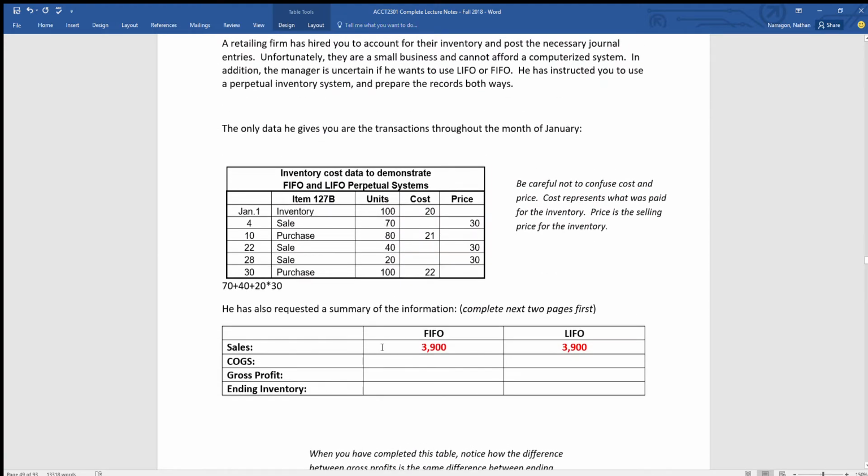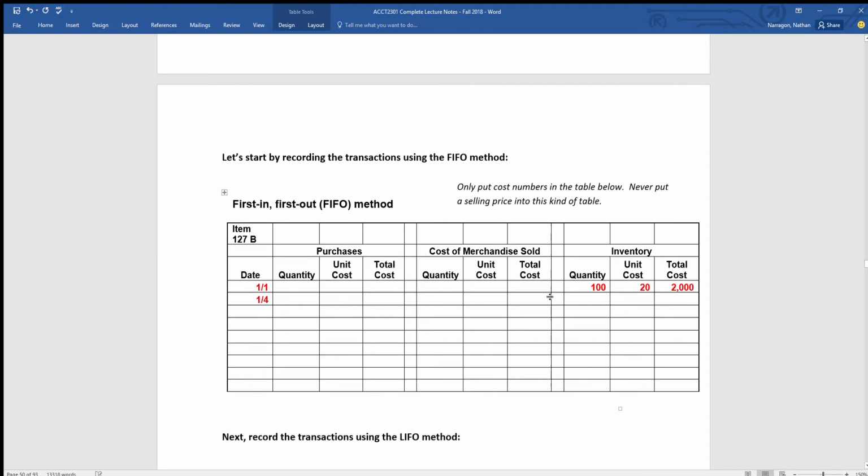So here, we're going to look at how many units. We have 70. Well, 70 goes into 100. Yes, so we can take the full 70. So 70 units times 20 equals 1,400 that we sold. We no longer own 70 units. Because of this 100, we lost 70. We take 100 minus 70 and we have 30 units left.